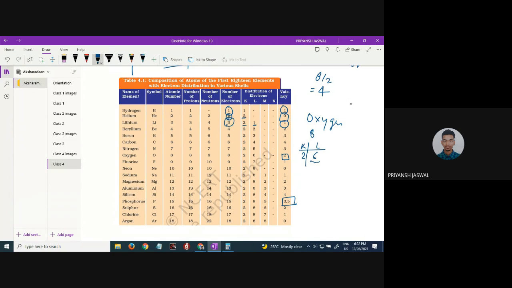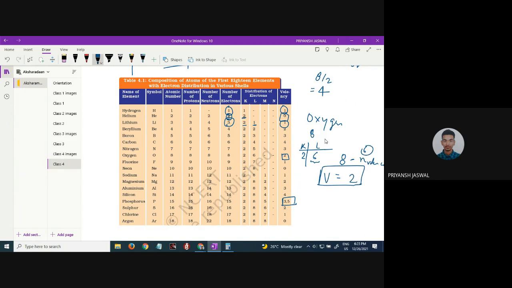But rather than losing 6 electrons, it is easier for it to gain 2 electrons or share 2 electrons with some other atom. So its valency is not 6, but 8 minus the number of valence electrons, which is 8 minus 6 is equal to 2.